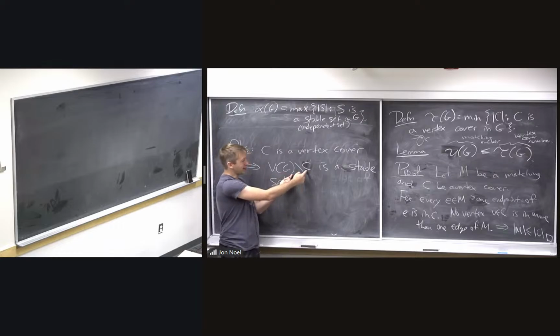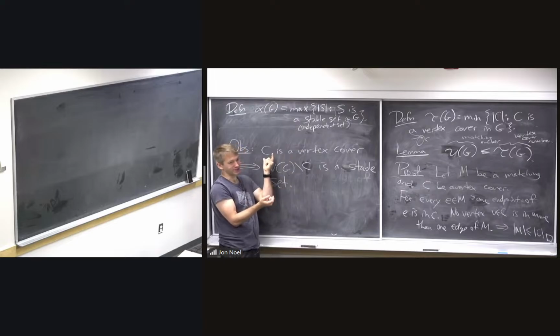Both directions are basically the same. If there were an edge between two vertices in the complement, then neither endpoint of that edge is in C, so C is not a vertex cover. And vice versa, if there are no edges in the complement, then C would be a vertex cover because it hits every edge.